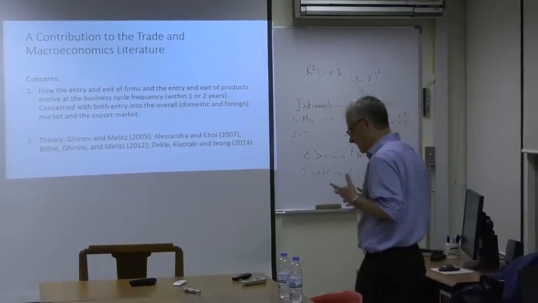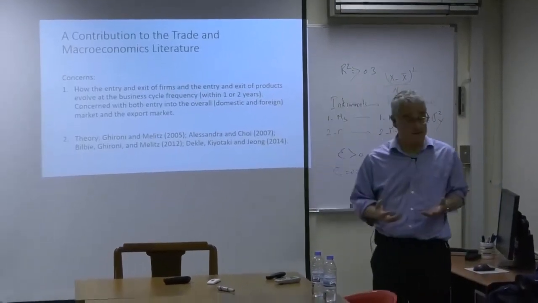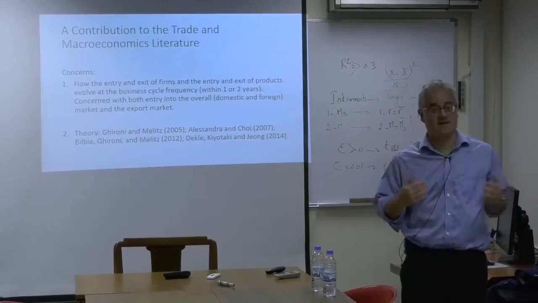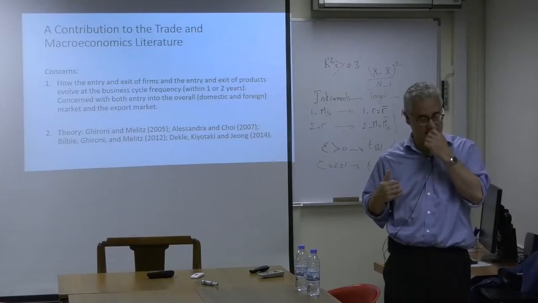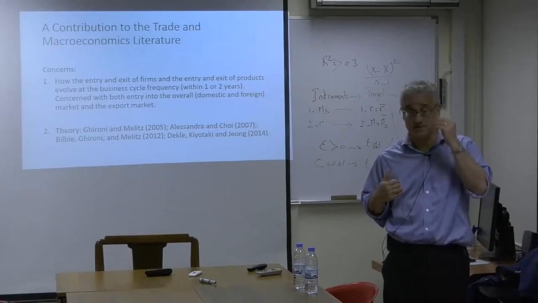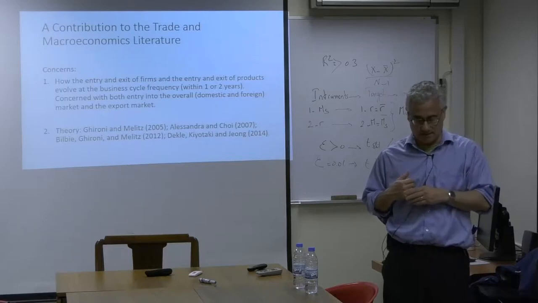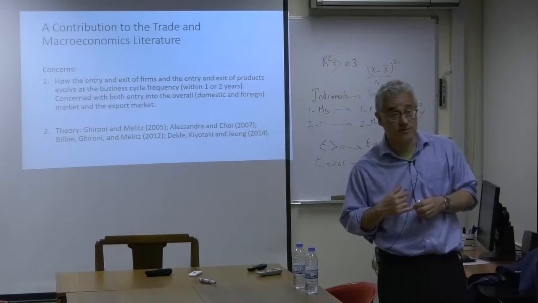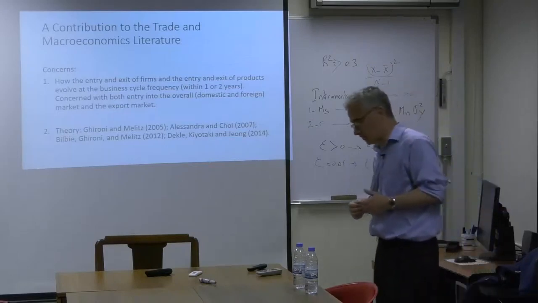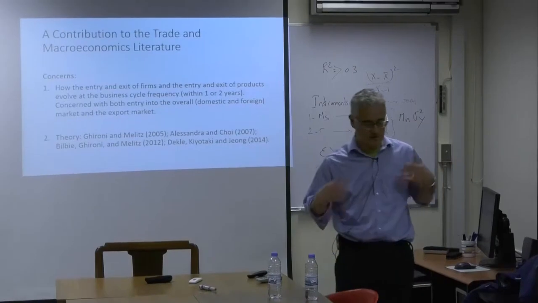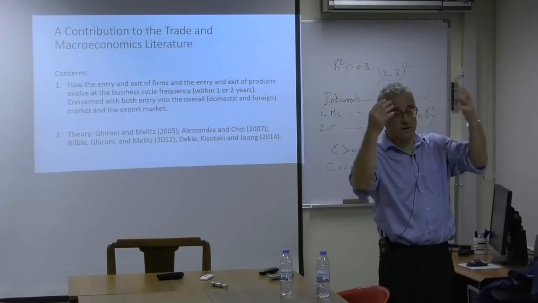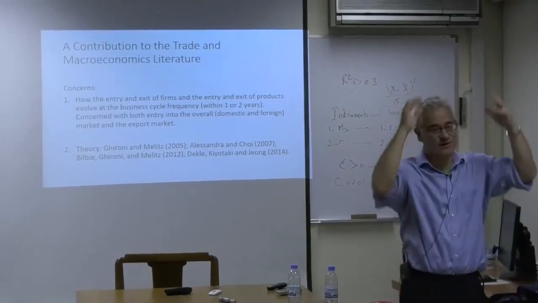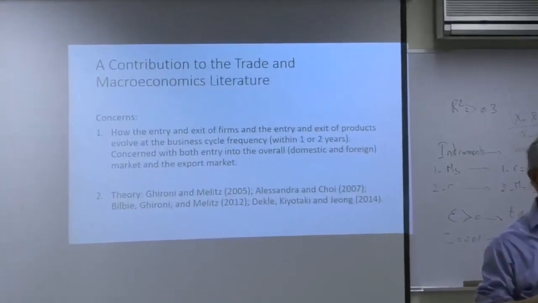Traditionally, these ideas of productivity growth were studied in a more long-run context, like 15, 20, 30 years. In fact, one of the two Nobel Prize winners this year, Paul Romer, did his important work to show that you can have continuous long-run productivity improvements over long periods of time.